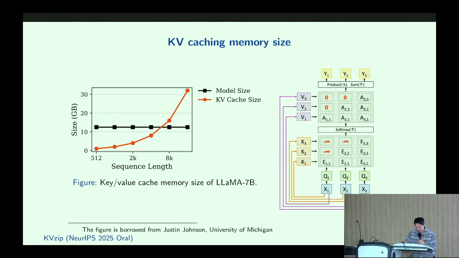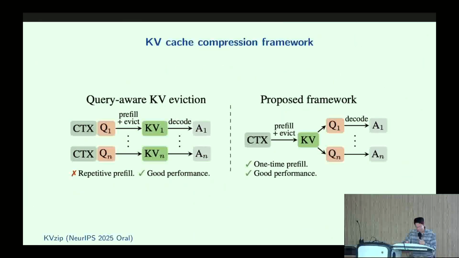As we all know, as we increase the sequence length, and as we keep using LLMs, the KV cache just increases linearly.